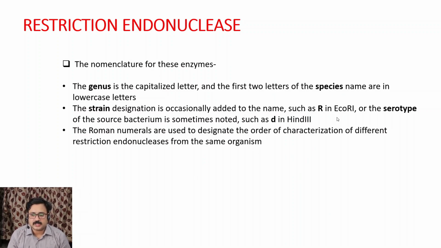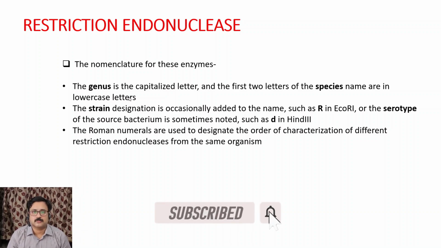Suppose this one, EcoR1. How is this name given? The naming of these enzymes follows a very strict nomenclature. The first letter, in capital, designates the genus of the species from which the restriction endonuclease was extracted.